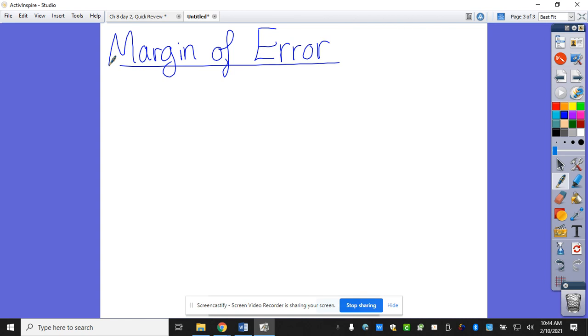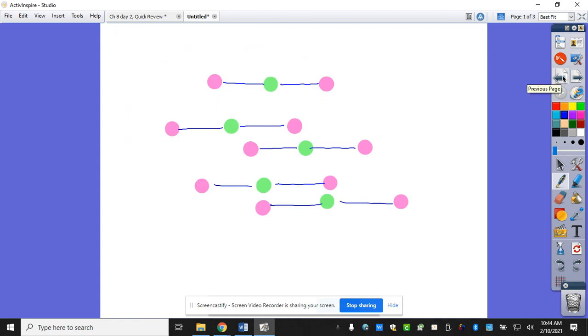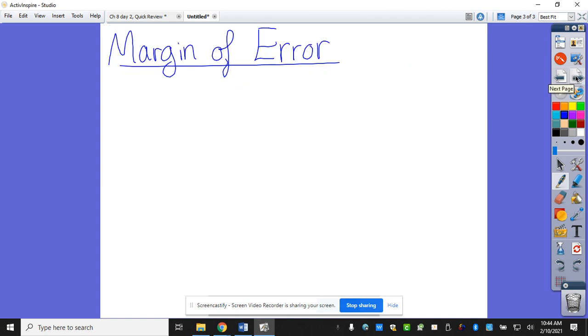Technically, it shows how accurate we believe our estimate is, kind of. What do you think is talking about the margin of error? Whatever this is, the line one. So that is how far I think I might be wrong. I don't know which direction, but it's kind of how much it could be. So that's our margin of error. It's not like a definition, but it kind of shows how accurate we believe our estimate is.